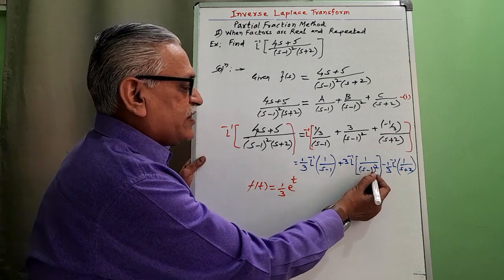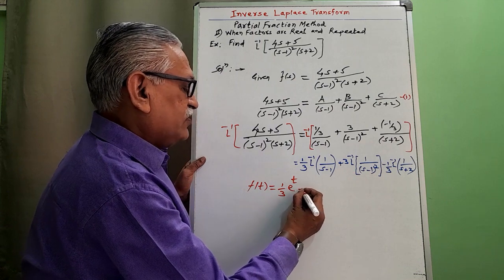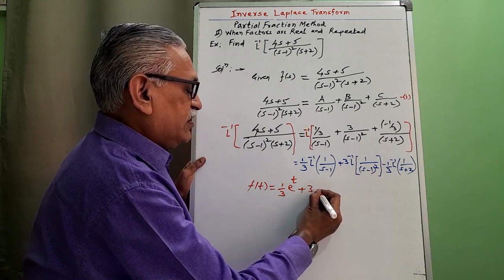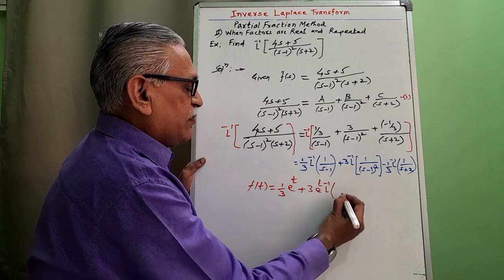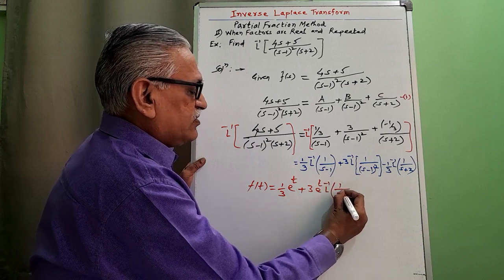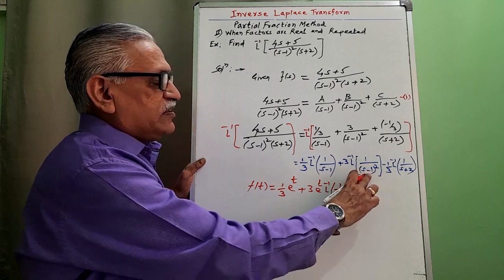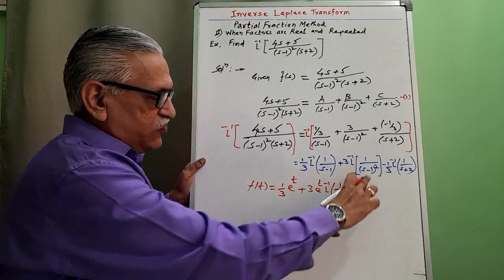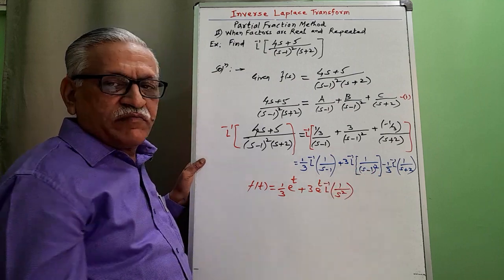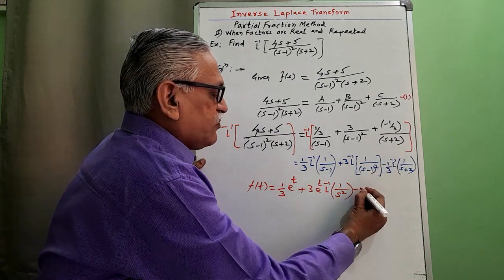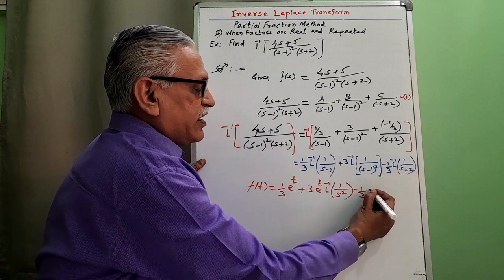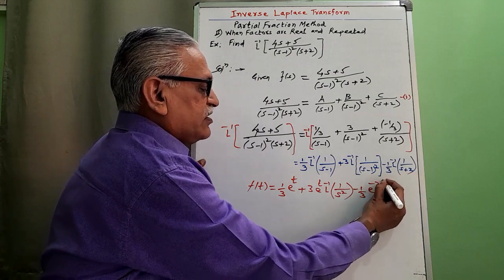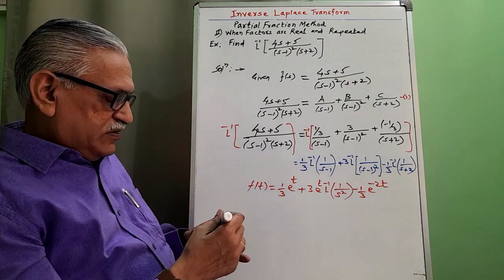Therefore, as s is replaced by s minus 1, it is 3 e raised to t into inverse of the remaining term. The remaining term, neglecting that minus 1 term, we get 1 by s square, and minus 1 by 3 inverse of this, s plus a, again e raised to minus at, e raised to minus 2t.